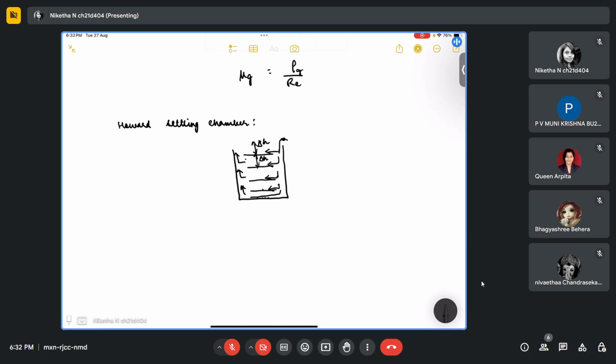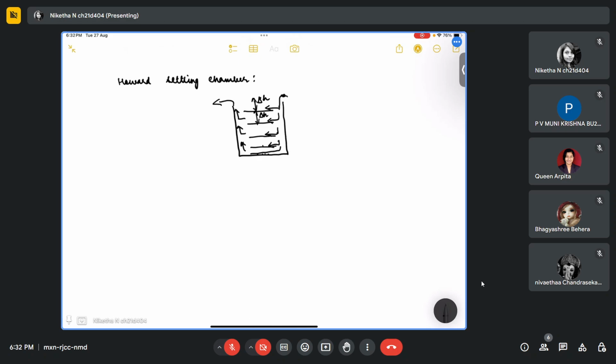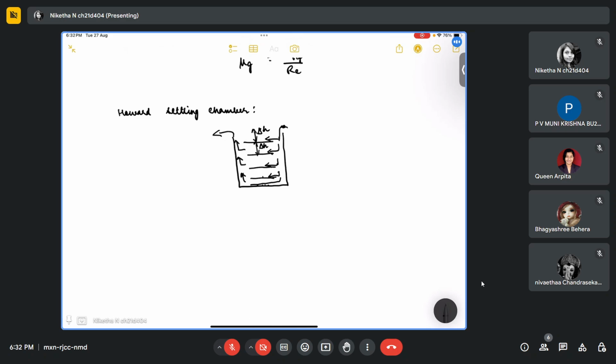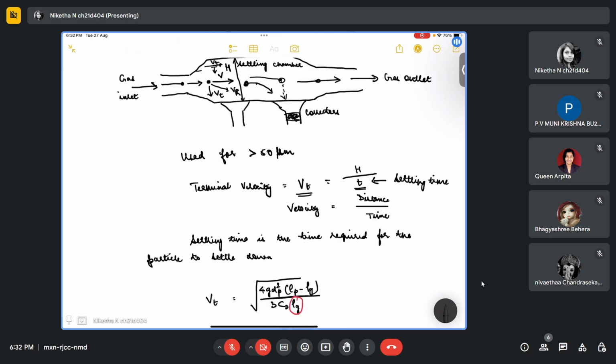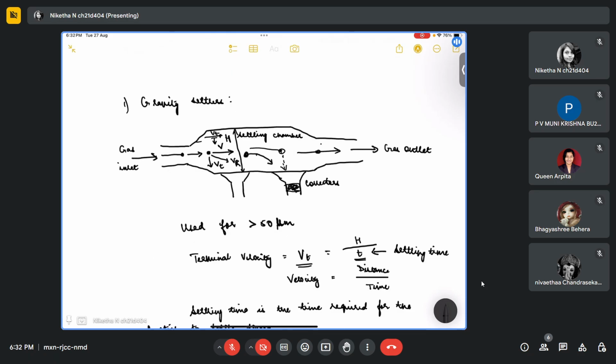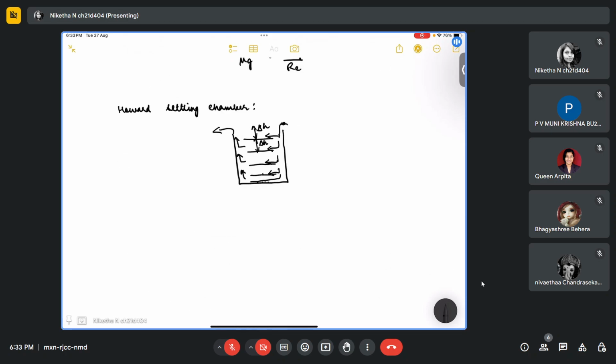From each of the plates, the clean gas will come out, and that can be released. So this will ensure that even light particles get separated, unlike in gravity settlers, where light particles won't settle down and will directly come out of the chamber. Here, the light particles are also collected, and they can be separated easily.